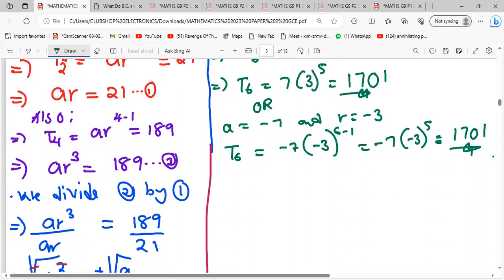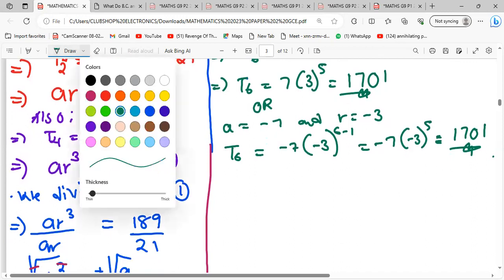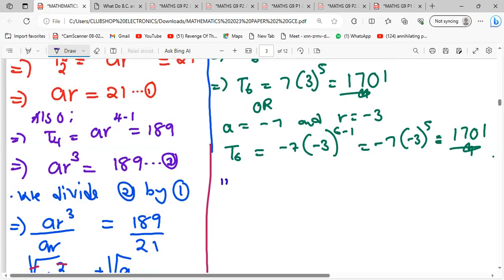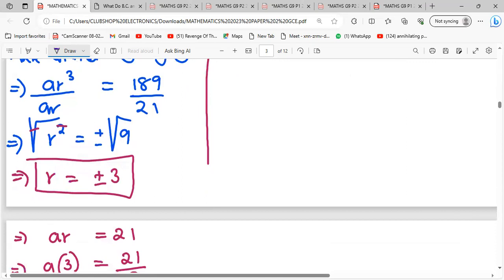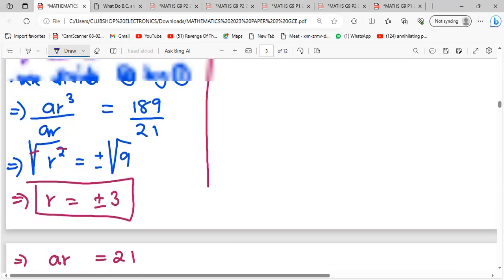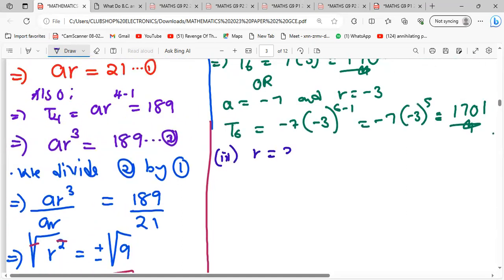So now to find the sum, first we must look at r. Our common ratio r is +3 or -3. So now you can see that in the first one, r is greater than 1.